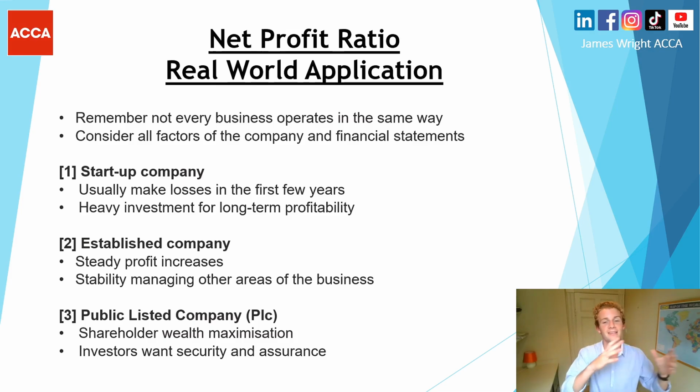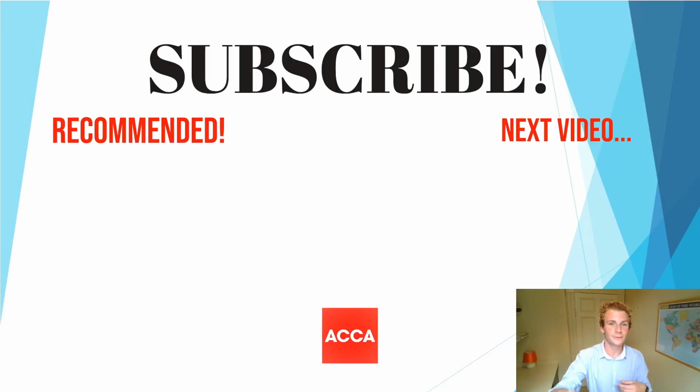You want security and assurance that you've got a really good sustainable company with progressive net profit, and then a good management team in place that are looking at all the ins and outs of the business, which link into that gross profit margin, operating profit margin, and finally net profit ratio. That could all be the difference in the company being successful or not.